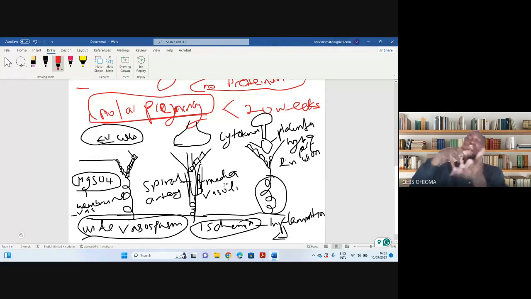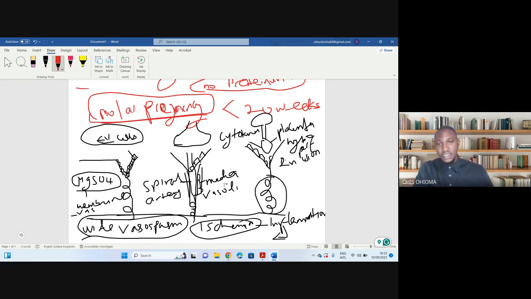The media is where the muscular layer is, that's the strongest part of the artery, right? And what they do when they invade the media is that they make the arteries more tortuous, more open, so that blood leaves the maternal circulation and goes to the placenta.